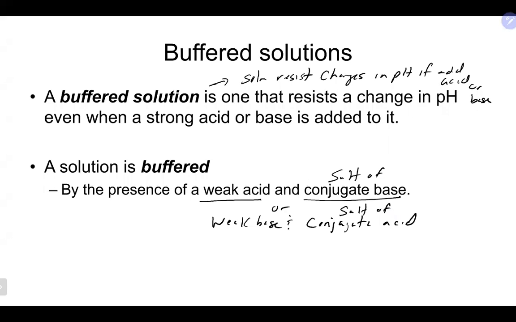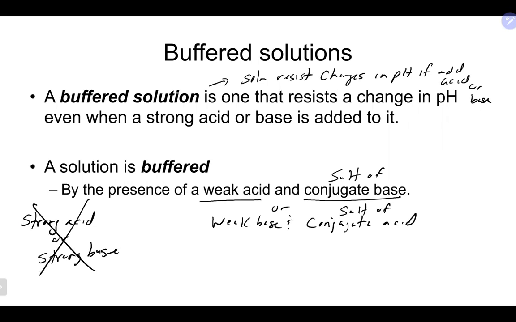They both actually have to be in the solution together to begin with. So you need both of those things in the solution in order for a buffer to work properly. A buffer can never, ever be made up of a strong acid or a strong base. So that is a no-go for buffers. You cannot make a buffer out of a strong acid or strong base.